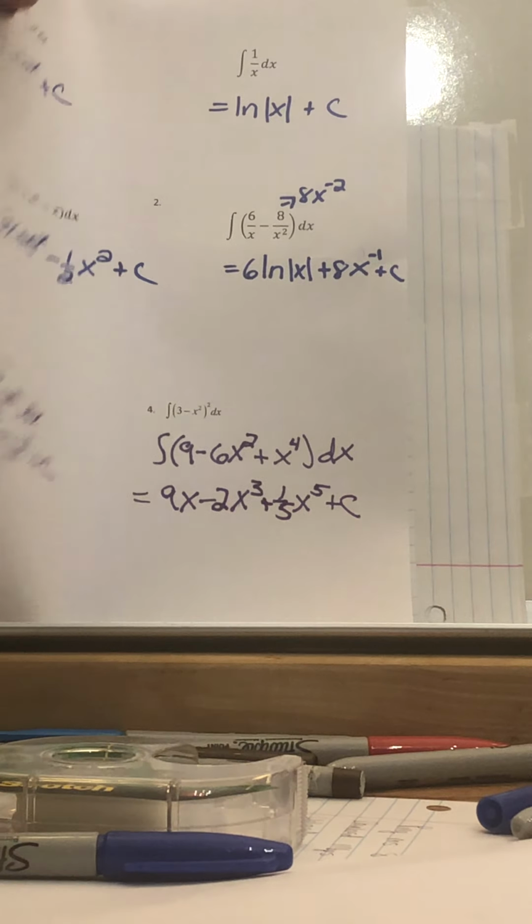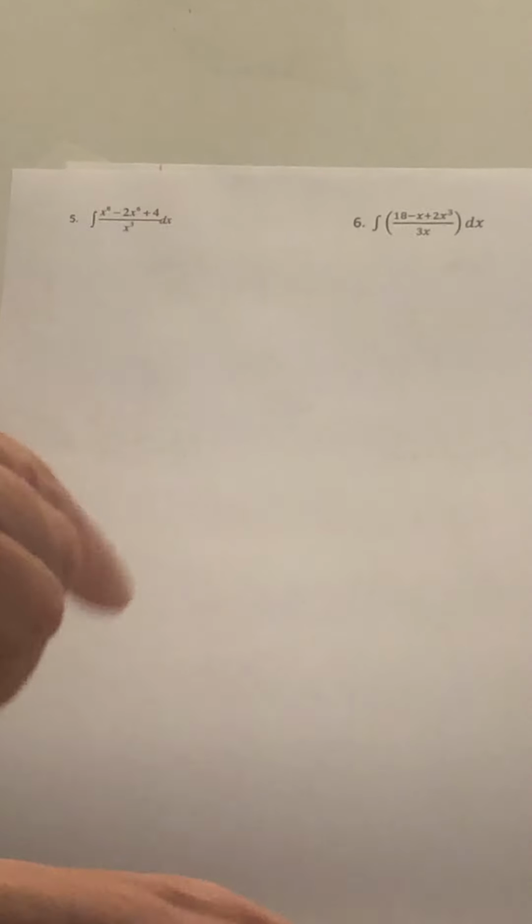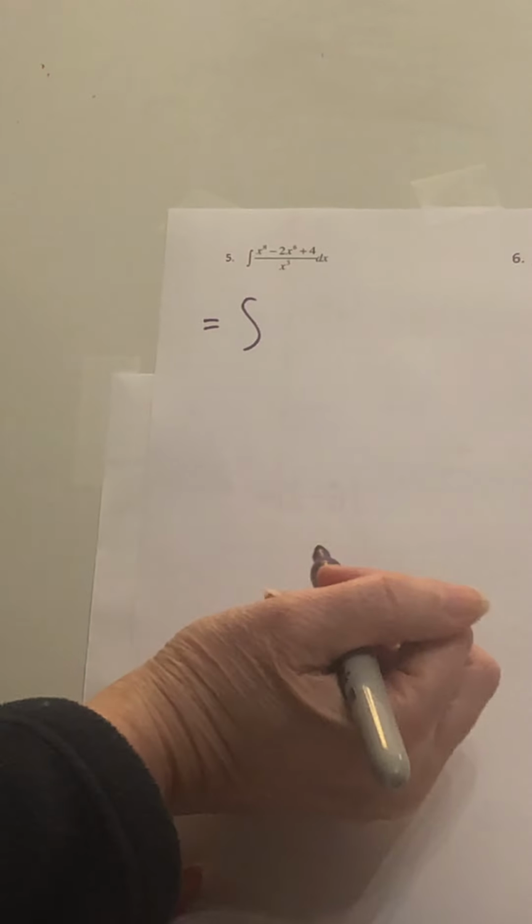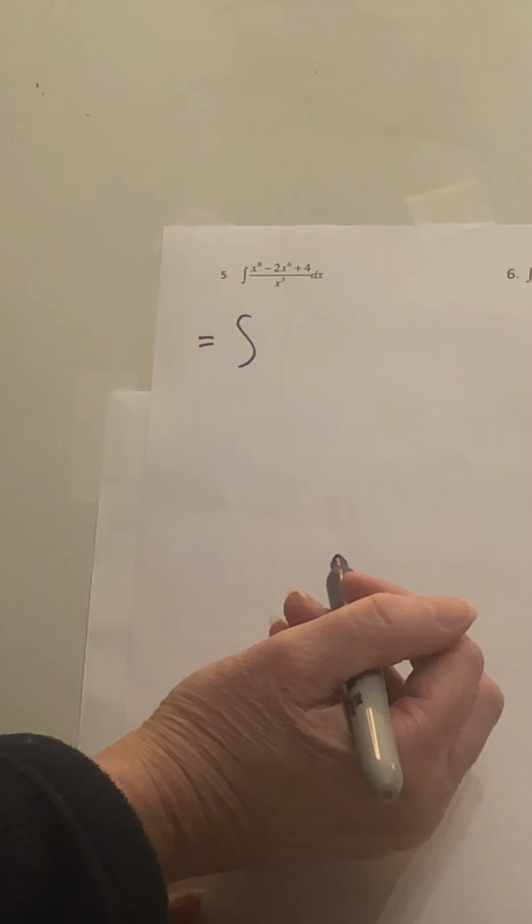My last two examples involve algebraic simplification. So if I'm looking here, I see some division. Every term in the first case here is divided by x to the third. So I'm going to say, well, what's the result if I divide everybody by x to the third?